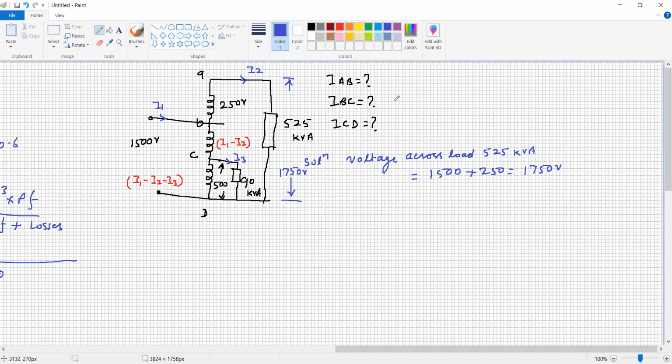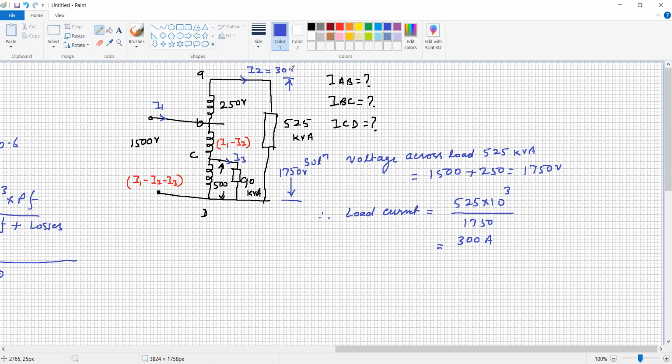Now load current. Load current means this load current. Load current is equal to 525 kVA times 10³ divided by 1750. It is equal to 300 ampere. The current which is flowing in the load is 300 ampere.